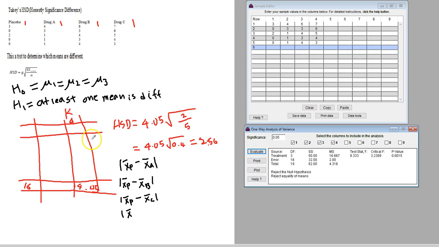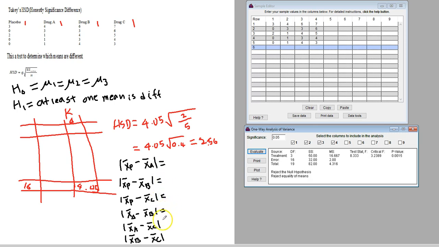Then I have drug A against drug B, then drug A against drug C, then finally drug B against drug C. So that's what we need to do here now.